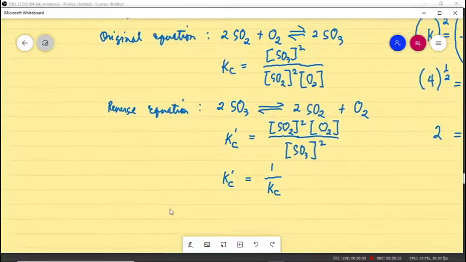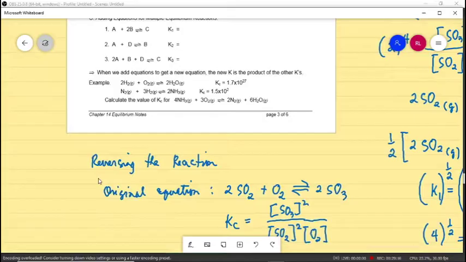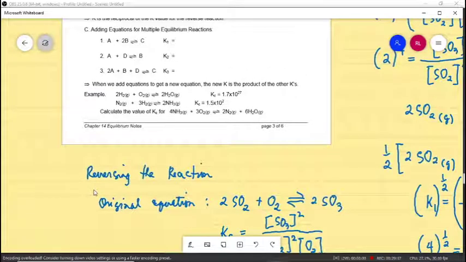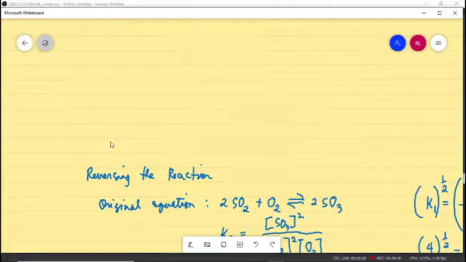Okay. What's the next topic? How about if we have multiple equilibrium reactions? There are cases in which the reaction happens in mechanisms, in a multi-step process.